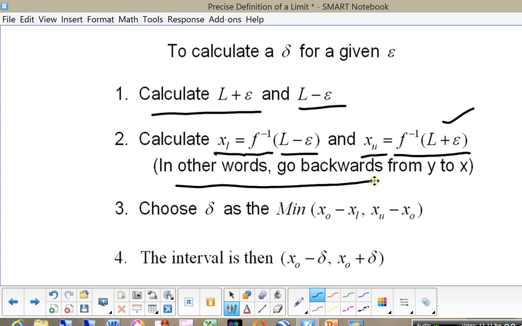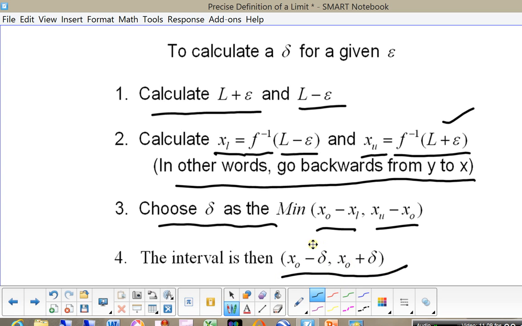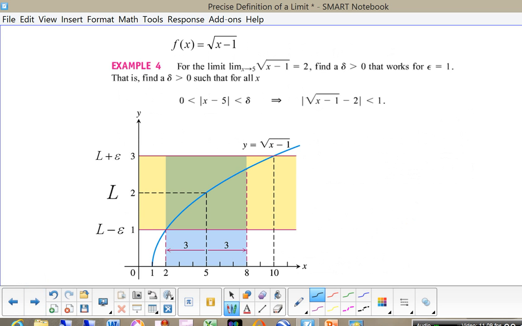In other words, we're going backwards from y to x. And then we choose delta as the minimum of x upper minus x naught, or x naught minus x lower. And then the interval we're talking about would be x naught minus delta to x naught plus delta. On the next slide, we've got an example.